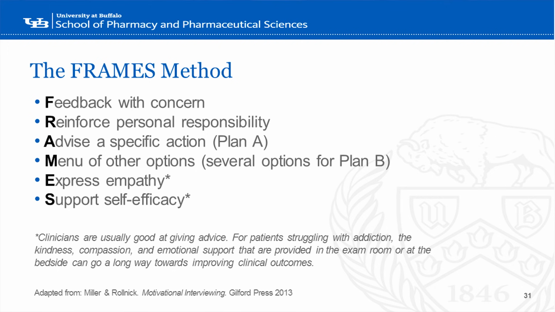So several other options could be a Plan B if Plan A is not successful or the patient does not want to participate in Plan A. Now, we're usually pretty good at giving advice to patients. What we also need to do is express empathy, acknowledge that this is a difficult situation for the patient. They may feel ashamed about what has been happening, and support self-efficacy. Don't kick them when they're down, but tell them that they could get better, there's a better life for them, they deserve better, and so forth.